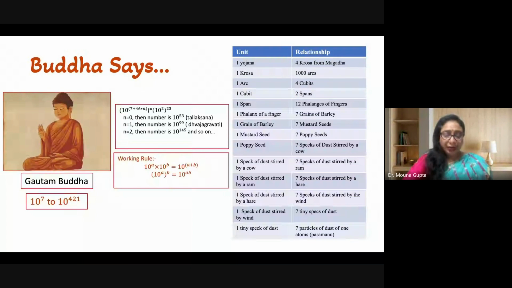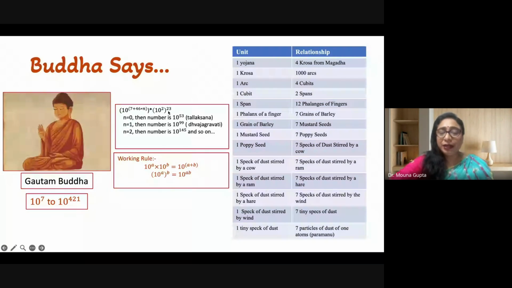And the astonishing part was, in this conversation Siddhartha mentioned that this number, the Talakshana, forms a part of one counting system, and there are 8 more counting systems. So there is a formula which he gave, and the formula is something like this. He said 10 raised to power 7 plus 46 into n into 10 raised to power 2 raised to power 23.